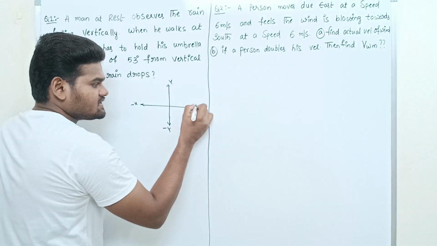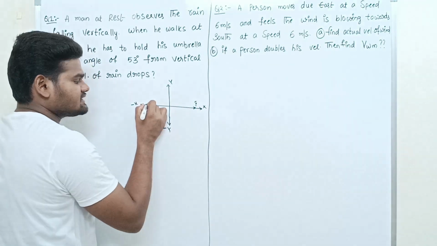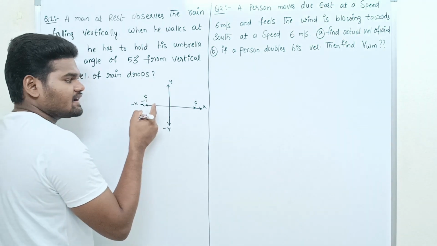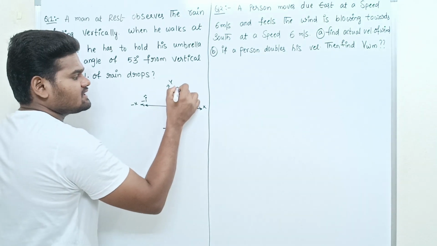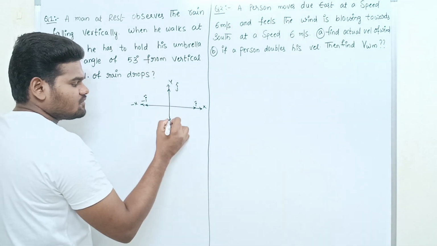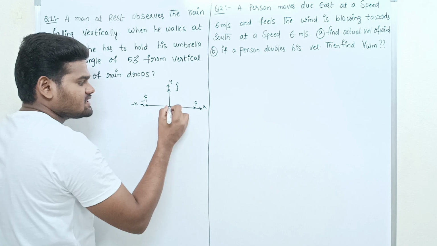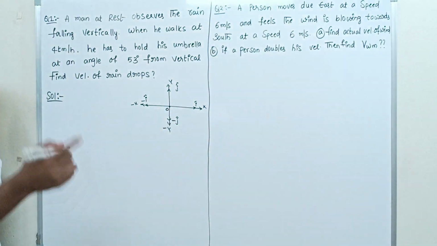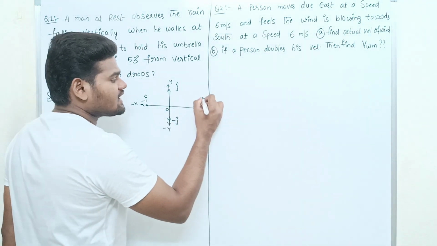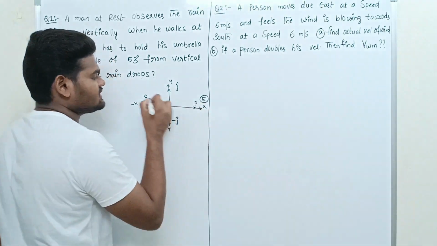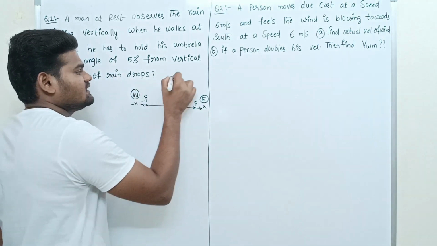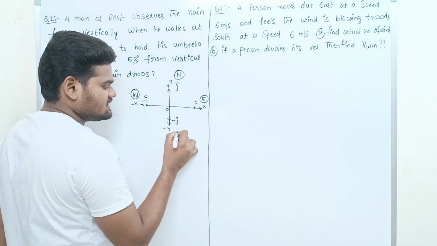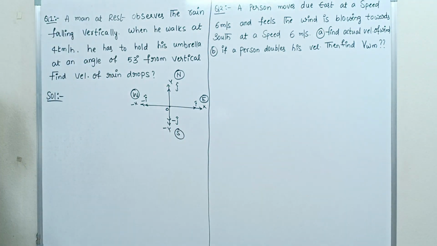I cap is the unit vector along positive x-axis, minus I cap is the unit vector along negative x-axis, j cap is the unit vector along positive y-axis, and minus j cap is the unit vector along negative y direction. Also we consider this as the east direction and this as the west direction, this is north and this is south.